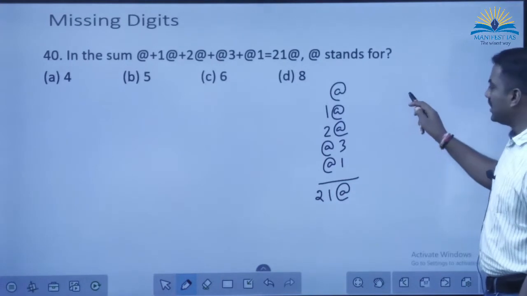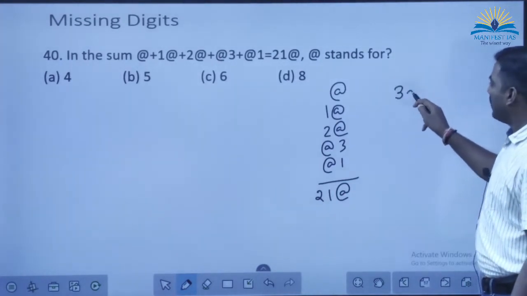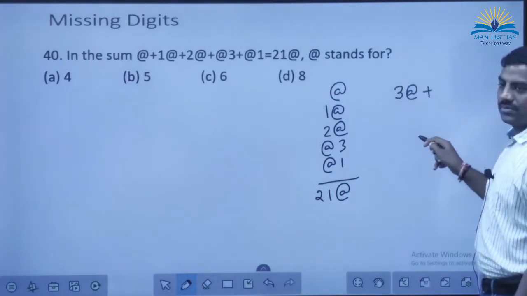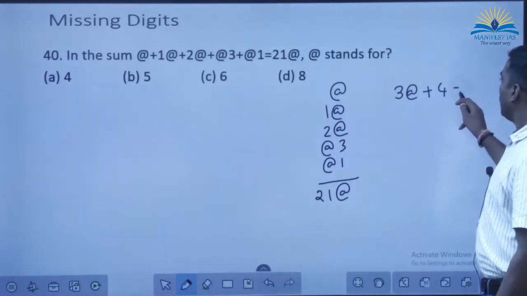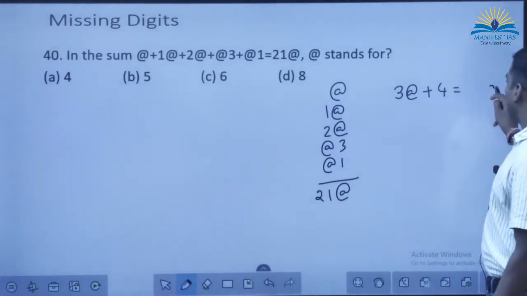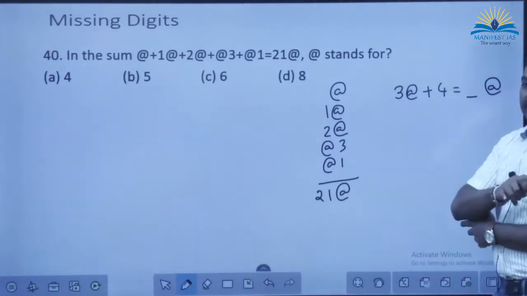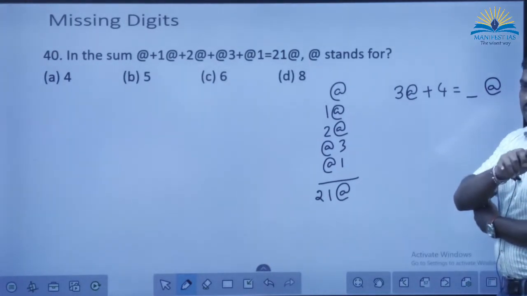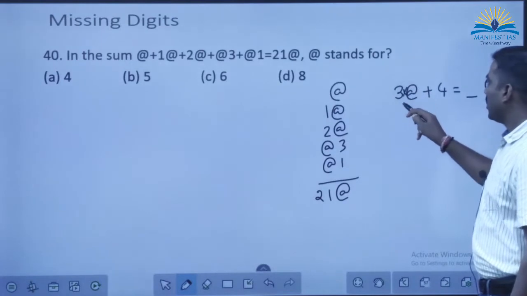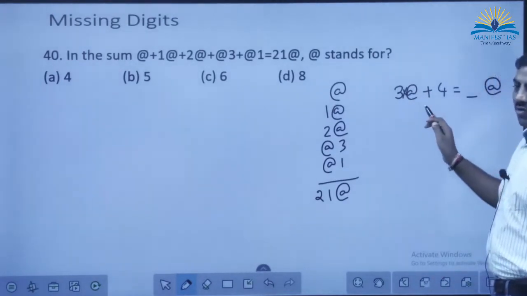So basically what it is telling is, 3 times of the number plus 4 is giving us the same number here. So this is how we have to think.